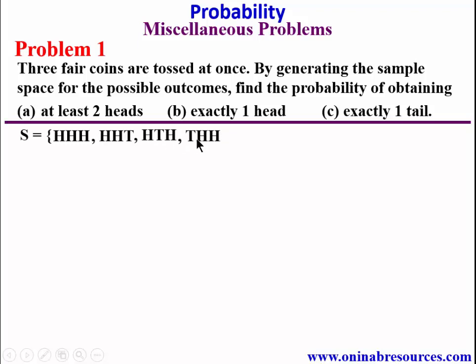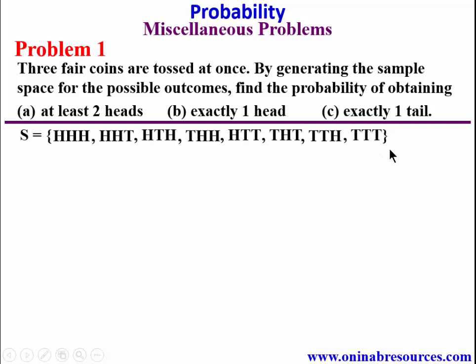These are the possible outcomes for 2 heads and 1 tail. And also we can have 1 head and 2 tails, so that we'll now have head, tail, tail, or tail, head, tail. That's the second arrangement for 1 head and 2 tails. And the third arrangement, tail, tail, head. And finally, we can have all of them tails.